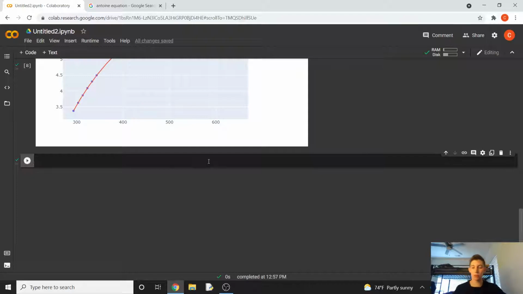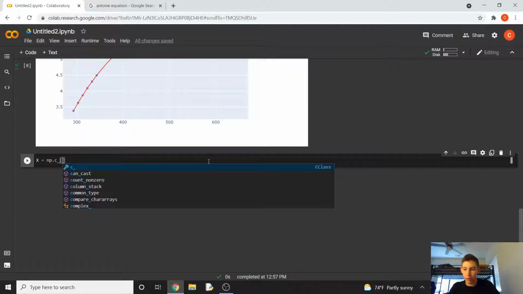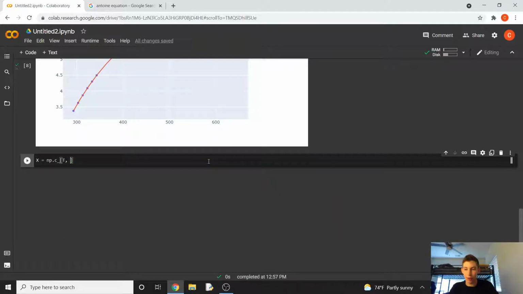So first we need to make our design matrix, which we called x. This equals, we have to concatenate, and our first column is going to be the temperature. Our second column is going to be the negative log p, and then we're going to do np.ones.